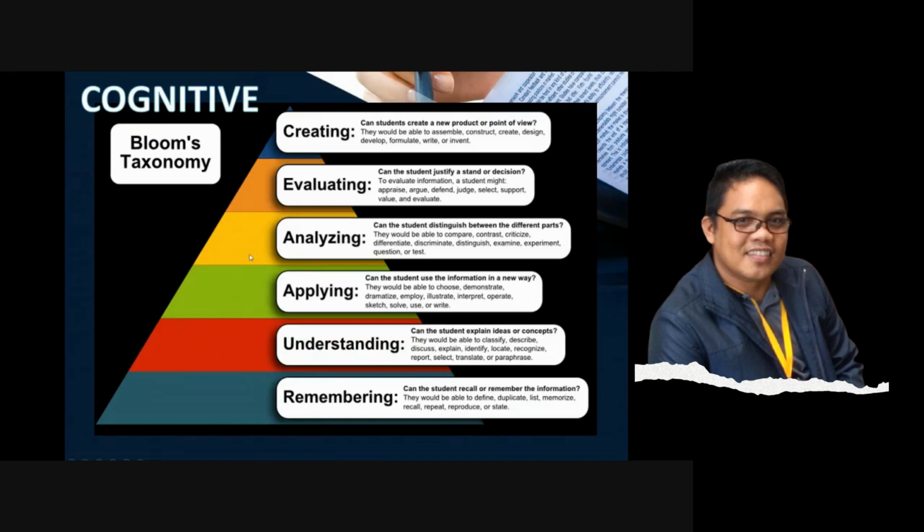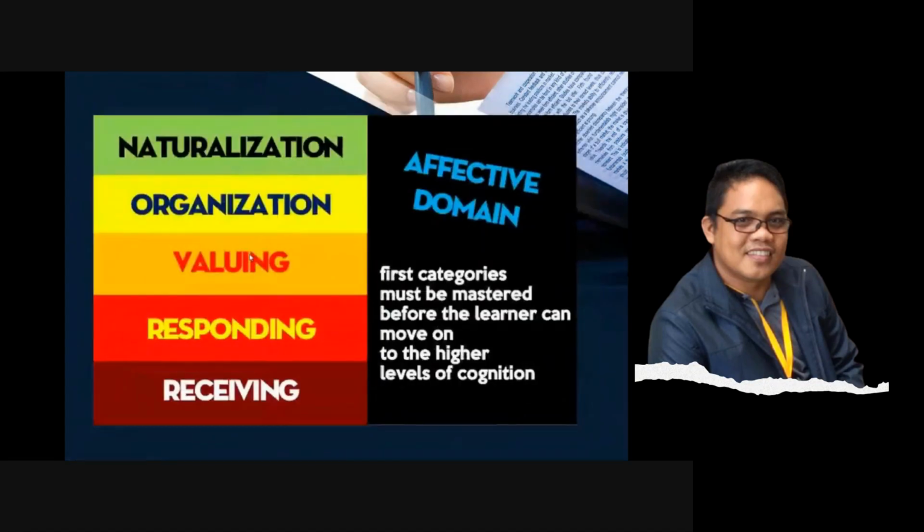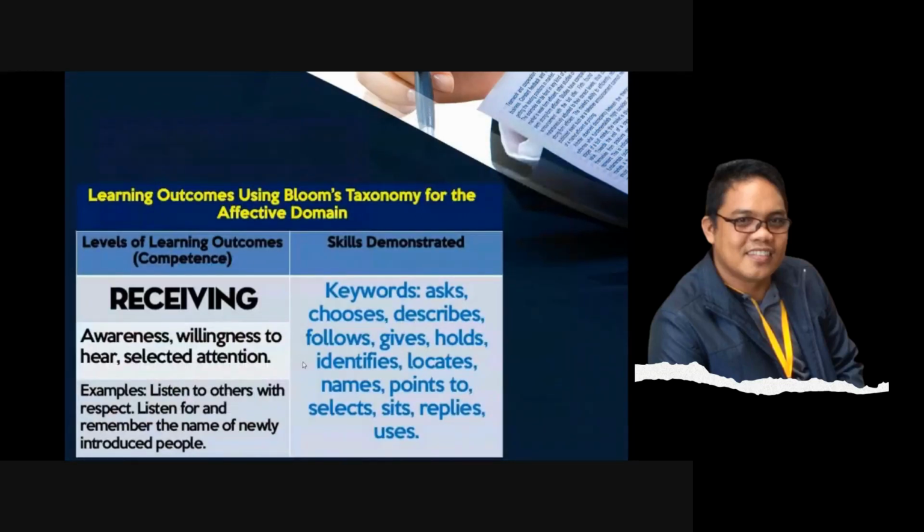Okay? So, for affective domain, we have naturalization, organization, valuing, responding, and receiving. So, for receiving, sa affective na po ito. For receiving, pwedeng describe, follow, identify, locate, name, point, select. So, pwede itong gamitin.